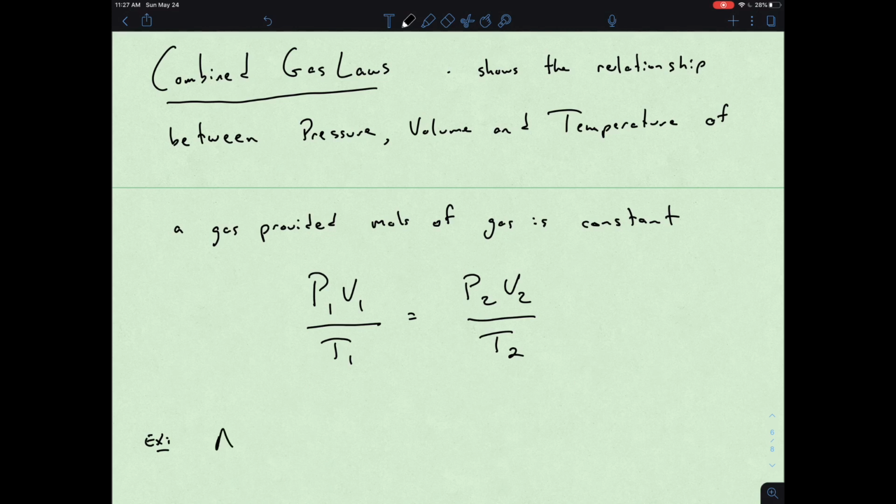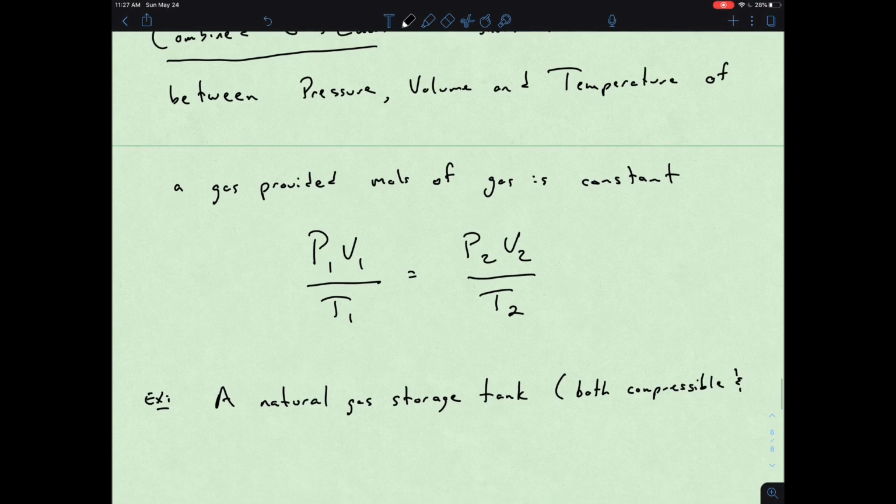All right, so let's look at an example of the combined laws. Let's say we have a natural gas storage tank. And these tanks actually are both compressible and expandable due to the baffles that they have within them.